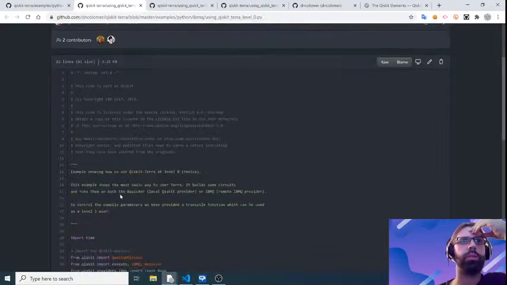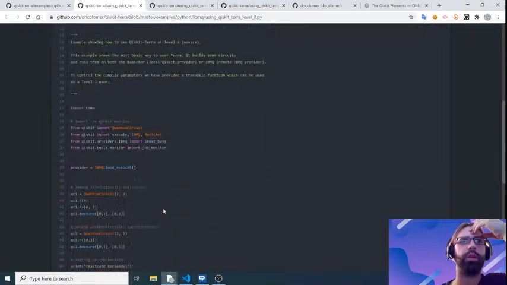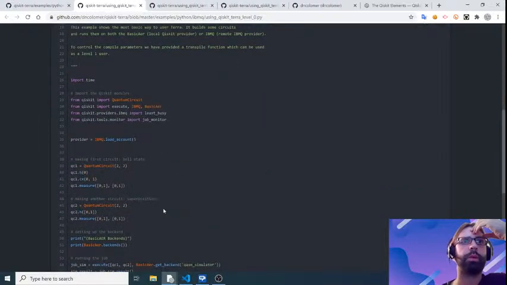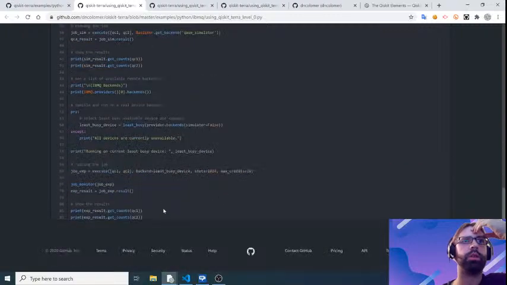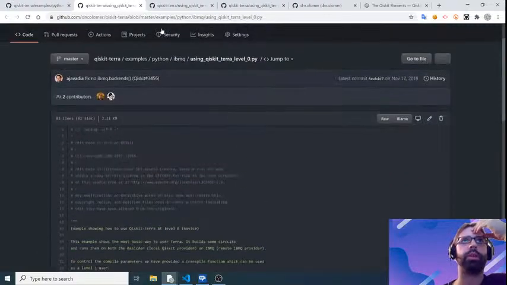What is this? This example shows the most basic way to use Terra. It builds some circuits and runs them on both the basic Aer local Qiskit provider or the IBM Q remote provider. Okay, so more examples of using Terra.